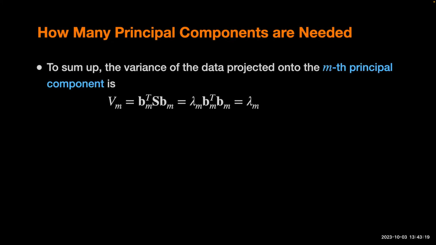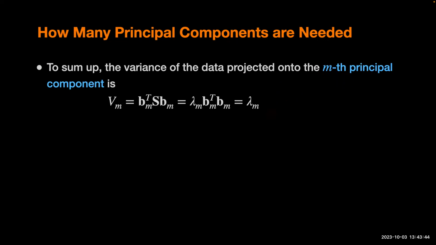Luckily, in order to determine how many components you want to keep, you have already done all the calculation that is needed. Why? Because we have shown that whenever I project onto the mth principal component, if I take the eigenvector, the variance captured by this particular projection is lambda m.